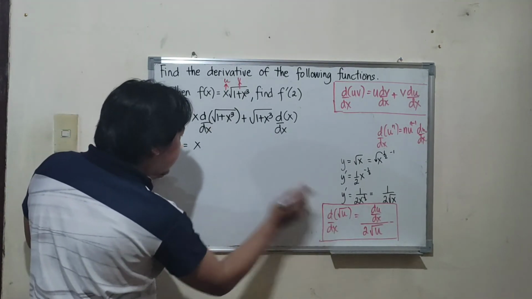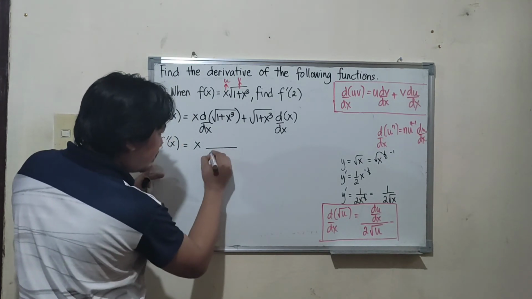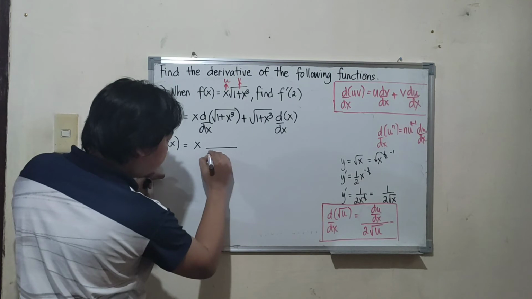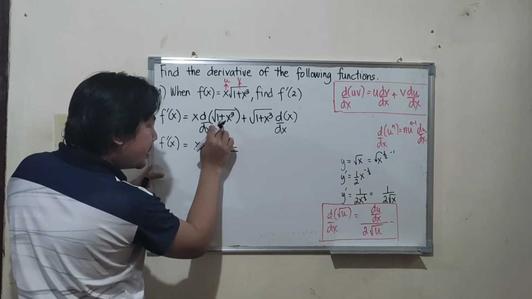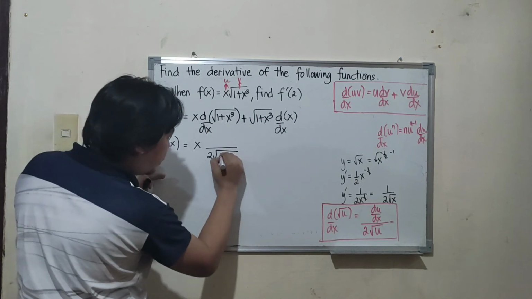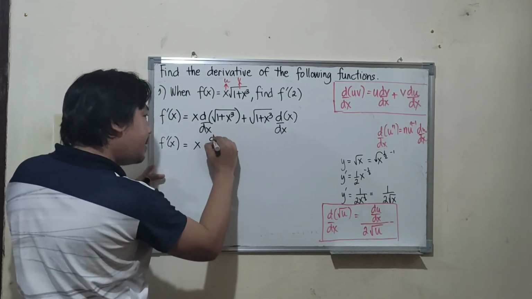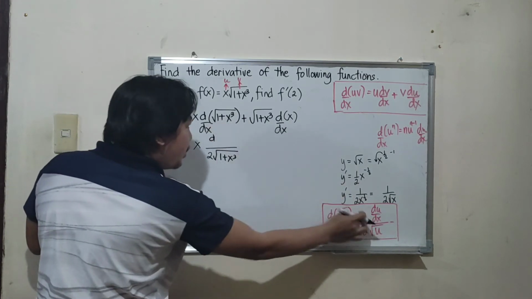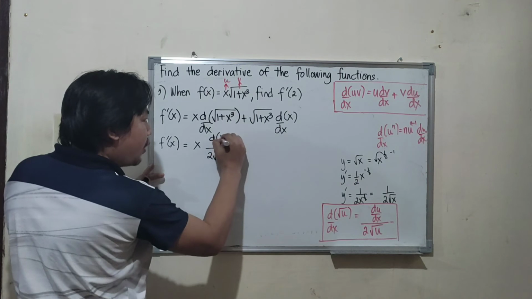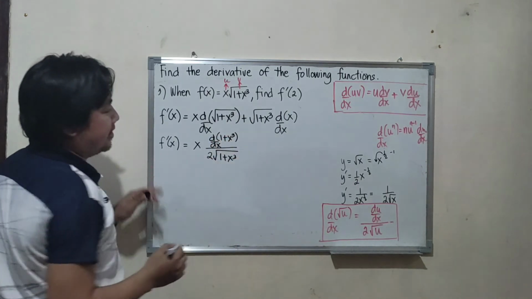So magiging ganito na lang yan: 2 square root of u, square root of u is yan, 1 plus x cubed. Then sa denominator is derivative ng u lang mismo, hindi nakasama yung square root. We have 1 plus x cubed with respect to x.